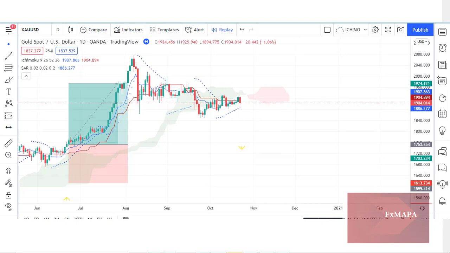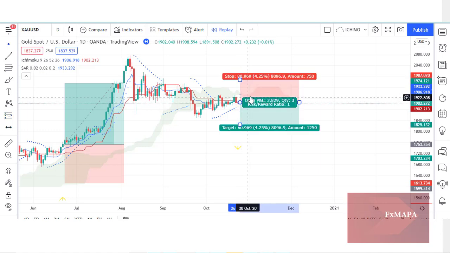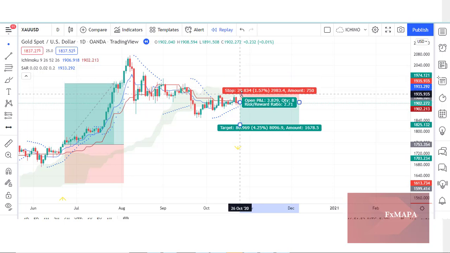As we can see here, the conversion line of the Ichimoku cloud crossed the baseline of the Ichimoku cloud. And candles are below the Ichimoku cloud. Also we can see the parabolic SAR indicator also indicates a sell signal, so all our conditions are fulfilled here. Now we will take a sell trade.